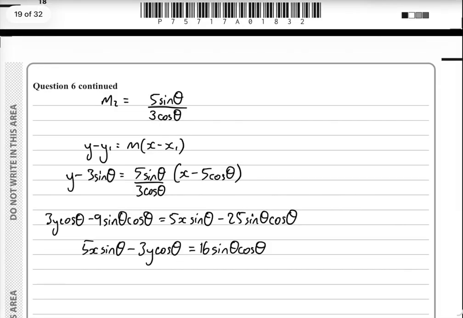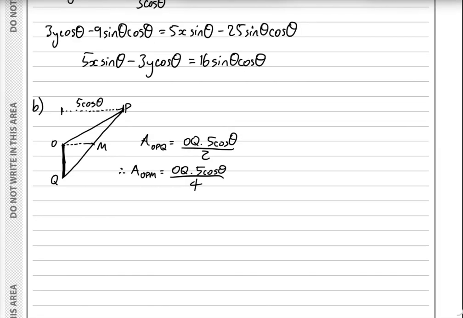I'll pull all of that down here. And we can find the y-coordinate of Q by putting x equals 0 into this equation here. That gives us 0 minus 3y cos theta equals 16 sine theta cos theta.